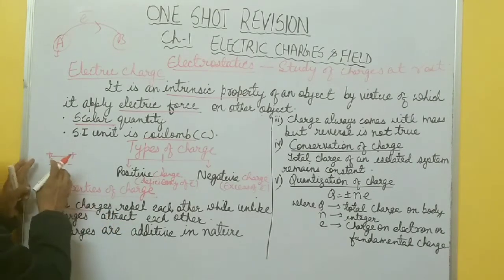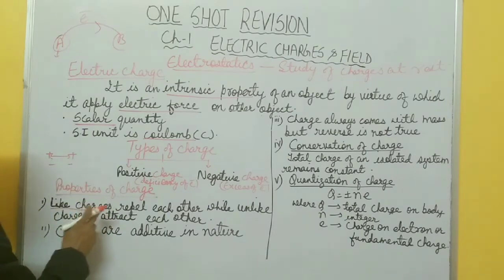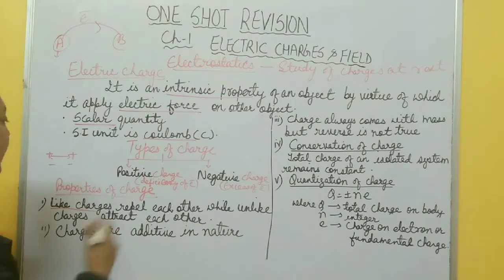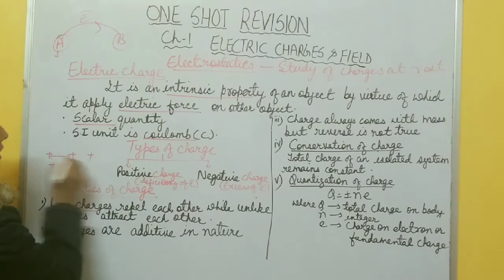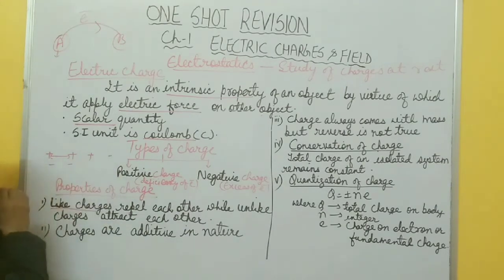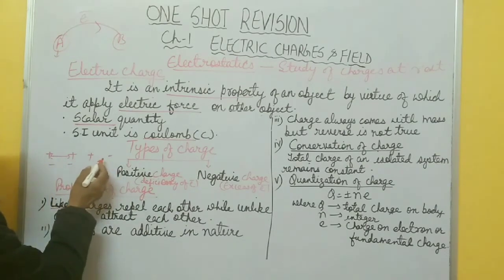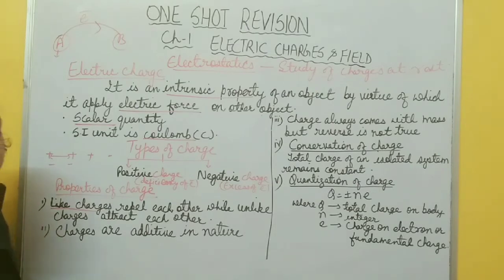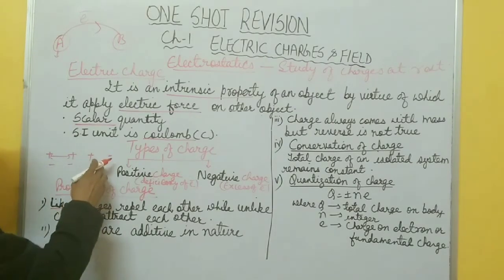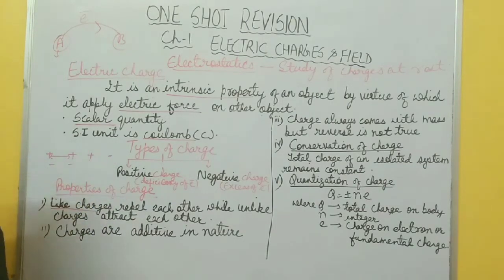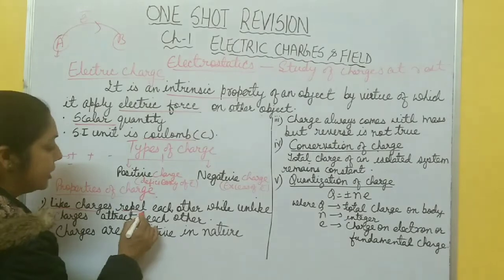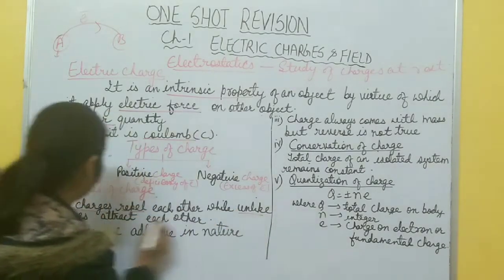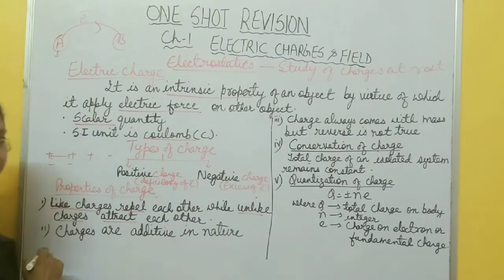So if there are two like charges, they repel each other. And if there are two unlike charges, one positive and another negative, both charges attract each other. Both exert force on each other, and what type of force? Attractive force. So this is an important property: like charges repel each other and unlike charges attract each other, right?